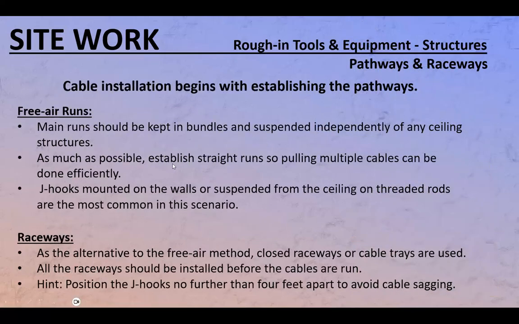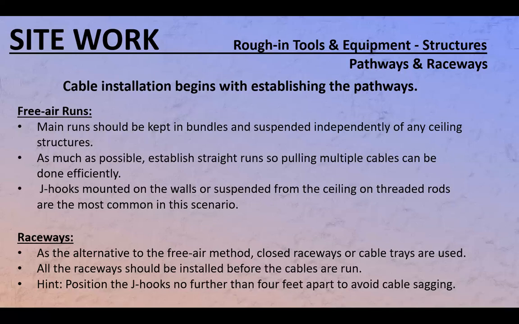As much as possible, establish straight runs, so pulling multiple cables can be done efficiently. How do you establish that? Well, you just look in the ceiling and see if you can spot any straight runs to mount your J-hooks or otherwise raceway there. Sometimes it's nice to just tie a string to one point, then to another point.